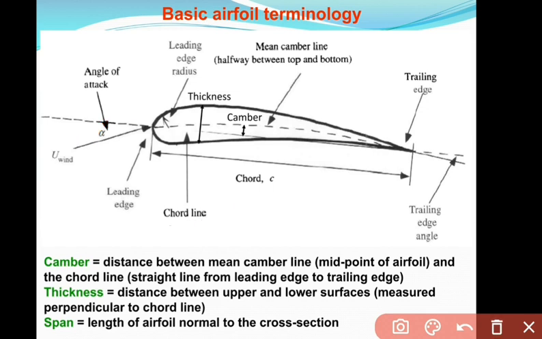The angle of inclination is represented by I, and the pitch angle is represented by alpha. The angle between the relative velocity vector and the plane of rotation is called the angle of inclination.